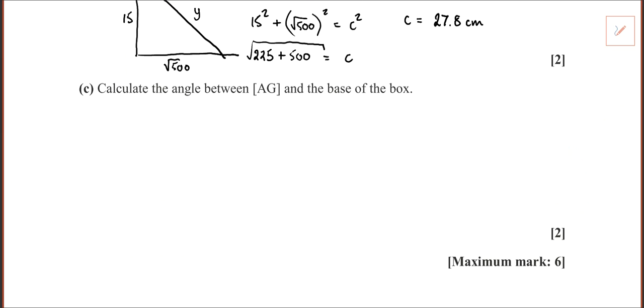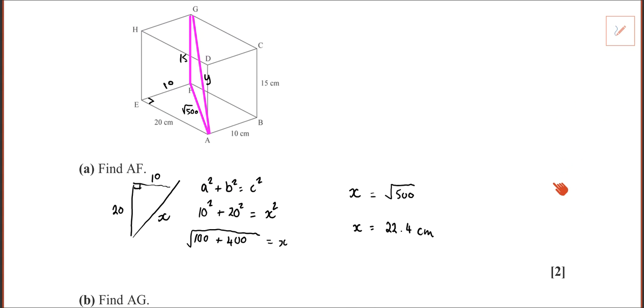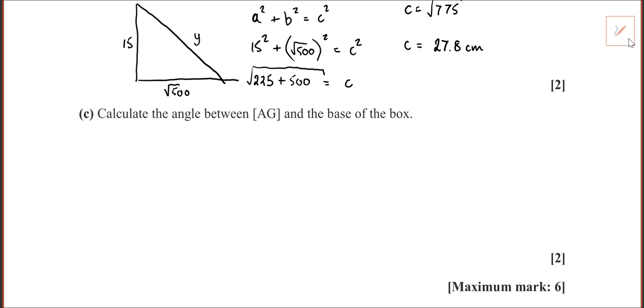Now the tough question. Calculate the angle AG and the base of the box. So where is that? AG is the line you've just worked out. The base of the box is the other line that you've just worked out. So it's this angle in here. That's the angle I'm being asked. So actually, we're back to this same triangle as before.